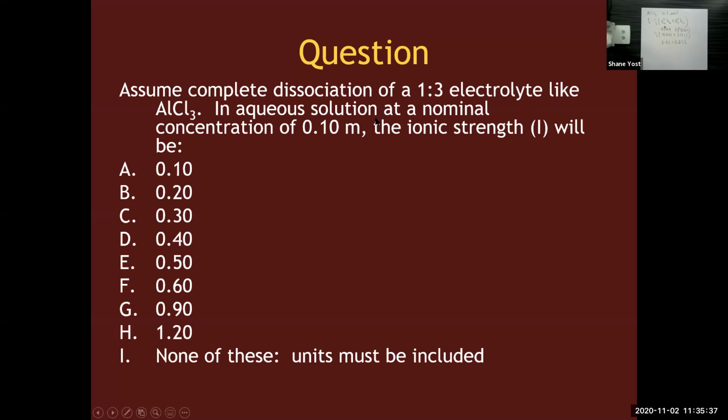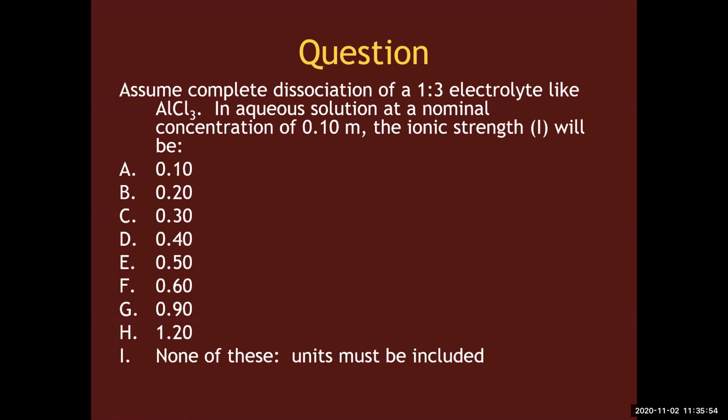Nominal concentration is sort of saying that ideally it has a concentration of 0.1 molal. Now it actually might not be fully dissolved in solution. It might have some solid hanging around. But ideally the concentration is 0.1 molal. So yes, assume it's 0.1 molal of the aluminum trichloride, and then it dissociates to the values you're talking about.